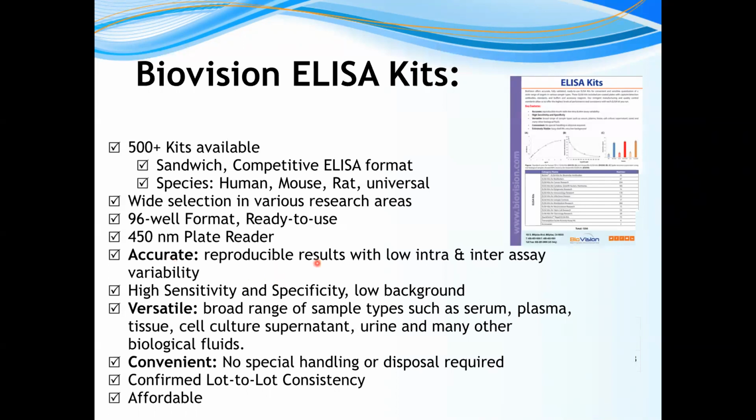They show reproducible results with low intra and inter assay variability, high sensitivity and specificity with low background. They are all optimized for a broad range of sample types such as serum, plasma, tissue, cell culture supernatant, urine, and many other biological fluids.